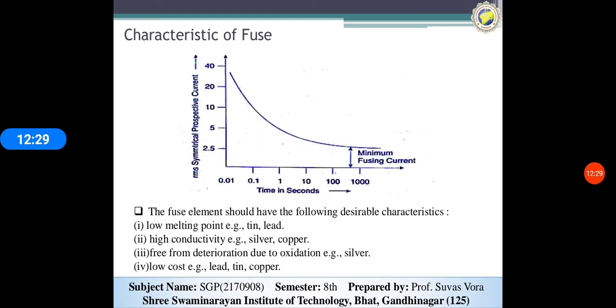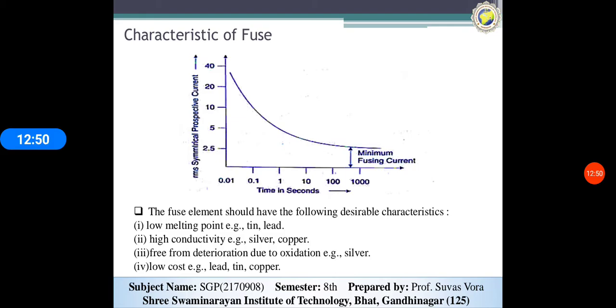You can see the figures. In a normal condition the values are reduced, but when a fault occurs, instantly the element starts melting. This one is the characteristic.